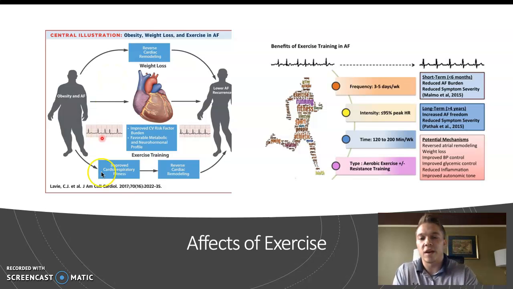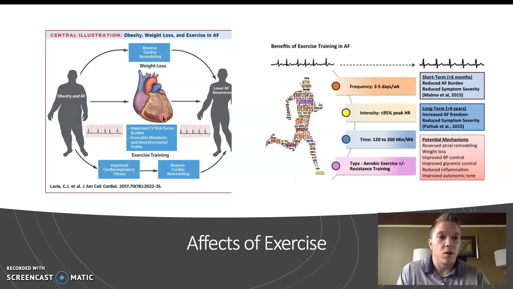But then at the bottom, you have exercise training, which improves cardiovascular risk factor burden, so there's less of a risk factor for the cardiovascular system. You have improved cardiovascular fitness, and you, again, just like weight loss, reverse the cardiac remodeling.